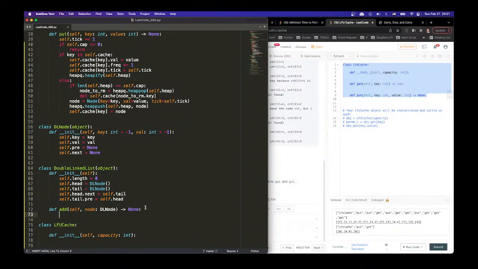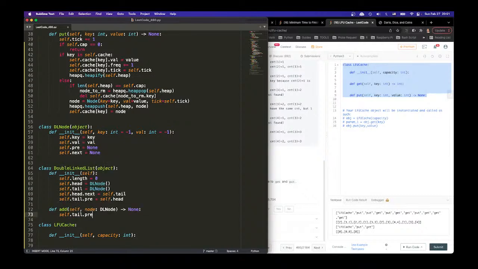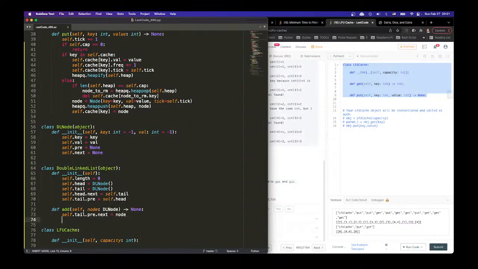So self.tail.pre.next equals node, okay?